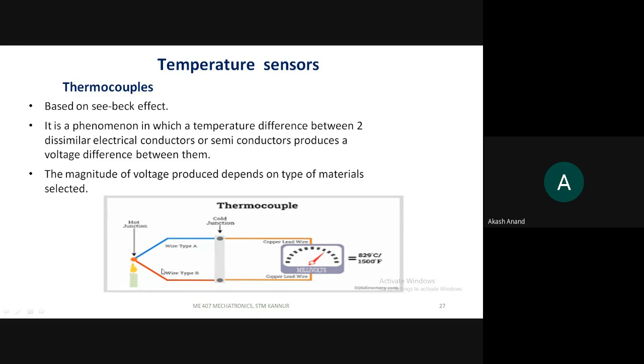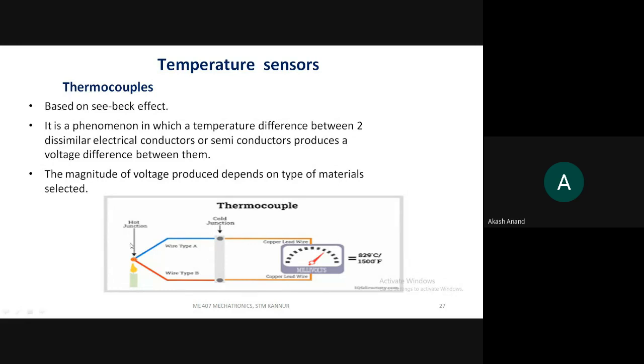These two pieces or strips of wire are connected at one point, which is called the hot junction, or simply a junction. If we are measuring temperature, we have to give heat to that junction point. That is, we simply take two conductors and join them at one point, and the heat is supplied at that point, and that junction is called the hot junction.